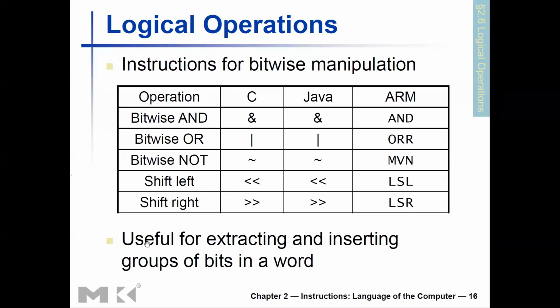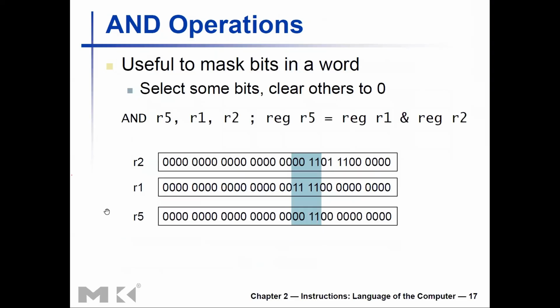Some of these instructions are useful for extracting and inserting groups of bits in a word. That also we'll discuss now. Here you can see how the AND operation can be used to mask certain bits stored in a particular register.